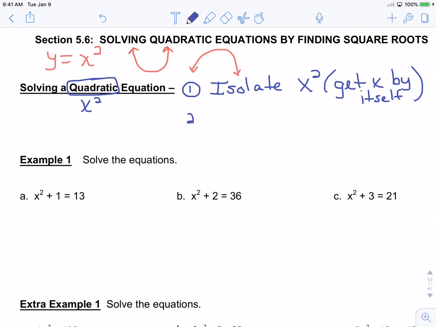The second step, we are going to be getting x by itself by taking square roots. So step 2 is going to be take the square root of both sides of the equation.